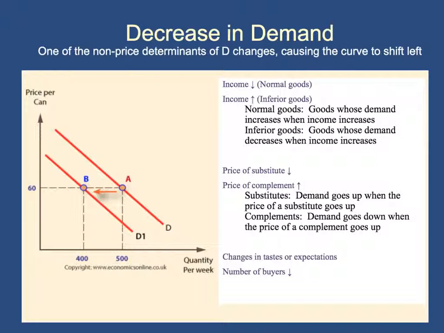Now, if suddenly there's a study that says that a product causes cancer, causing a negative change in tastes or preferences, then you're going to demand less output at every price level for that product, shifting the demand curve for that product to the left. And then if the number of buyers decreases, then the demand curve for a product is going to shift left, just because two buyers demand more product at every price level than just one.